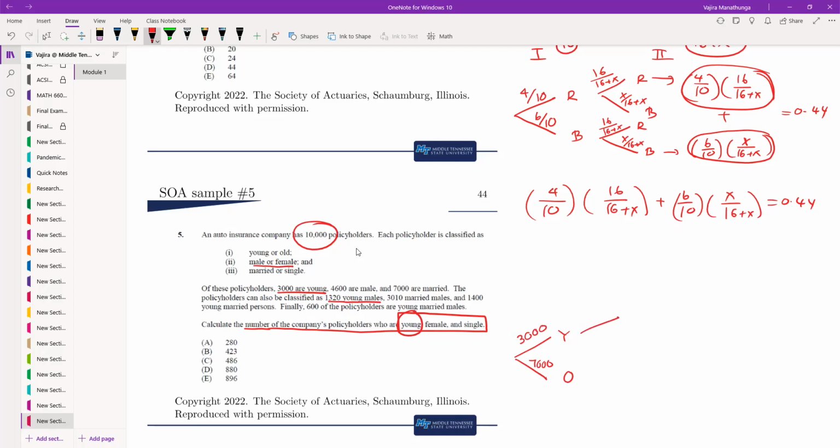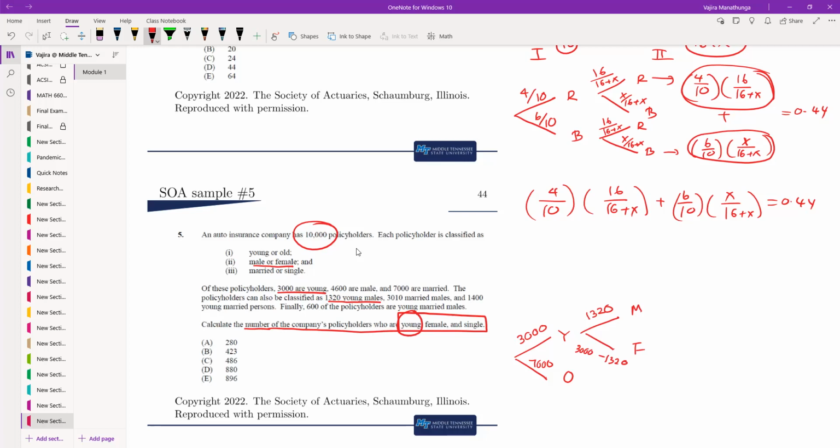Then I can divide it into male and female. 1,320 is going to be male. Then how many females? 3,000 minus 1,320, that's female.